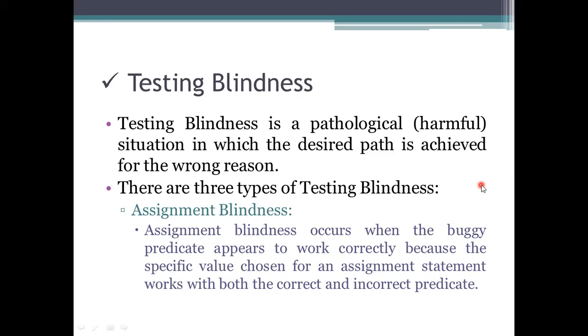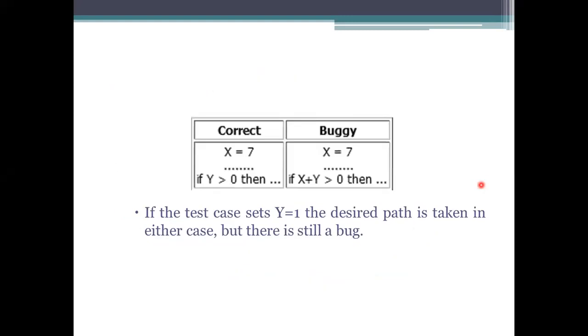Assignment blindness means the value assigned to a variable prior to an expression is affecting that expression. For example, x is equal to 7 has been considered, and after some statements we take a predicate, y greater than 0.